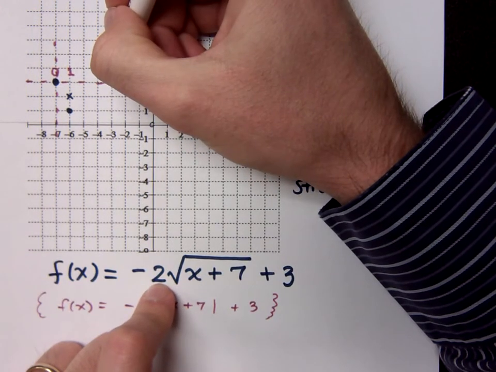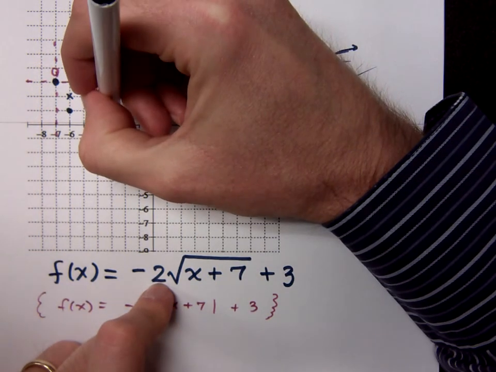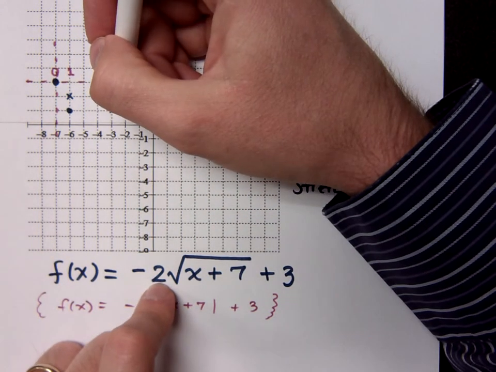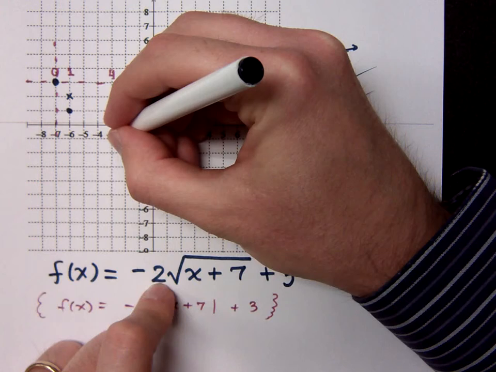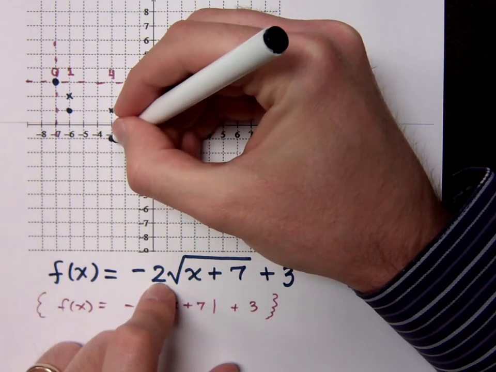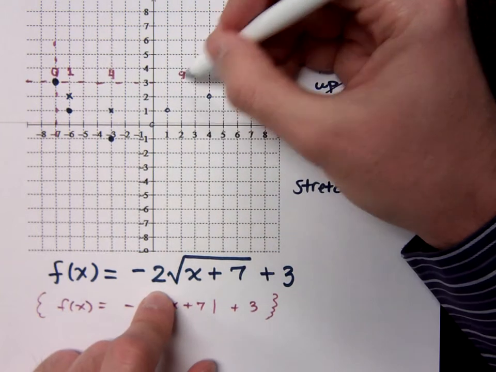What's the square root of 4? Square root of 4 is 2, so the normal graph would have been down here when I apply that negative, right? But now how far down am I going to be? I'm going to be down a total of 4 units because I'm doubling that because of the 2, right? When I come out here to 9, what are you going to do?